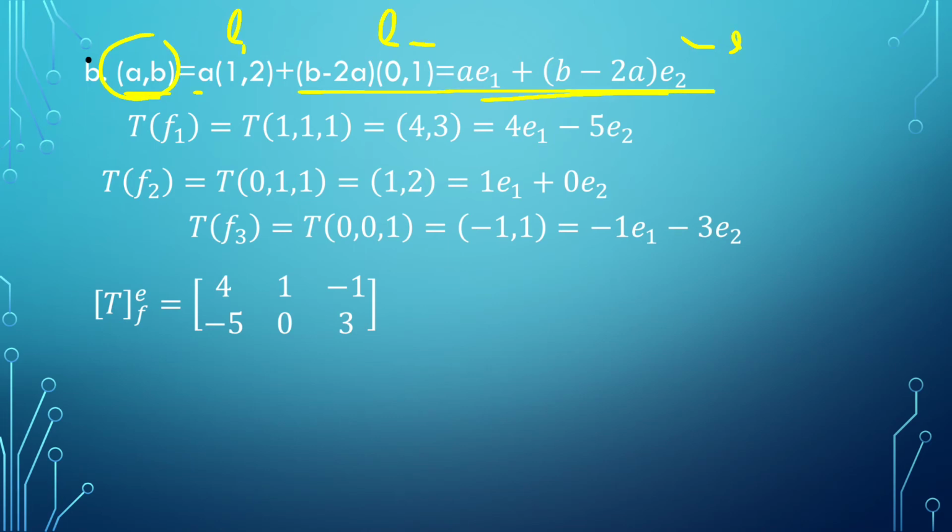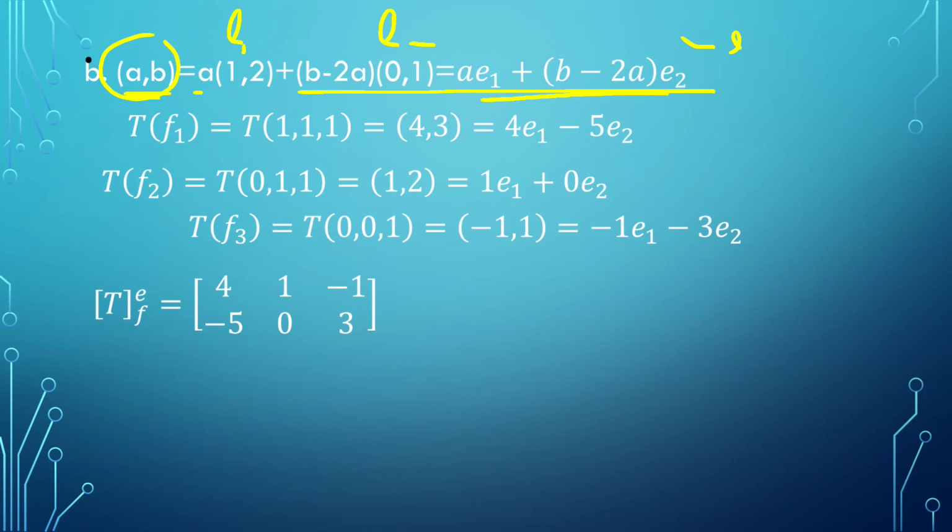The relationship is true. So now we are using T, the transformation T, which is moving R cubed to R2. The domain is R cubed and the output is R2. So if you do first T(F1), F1 is given.